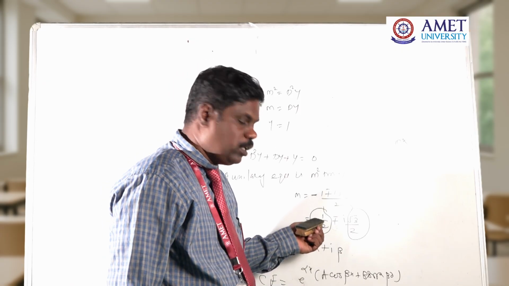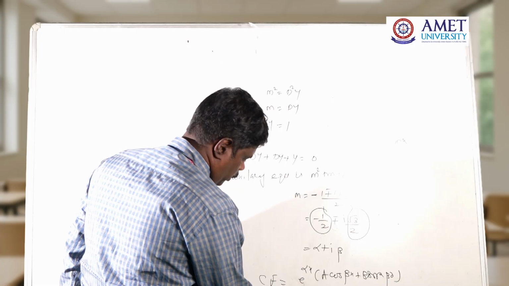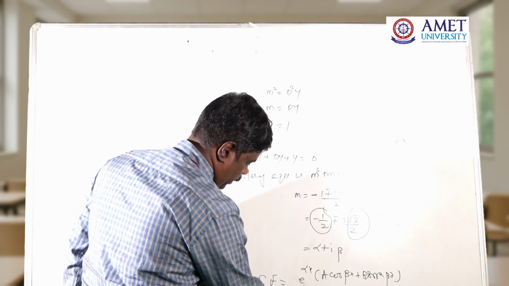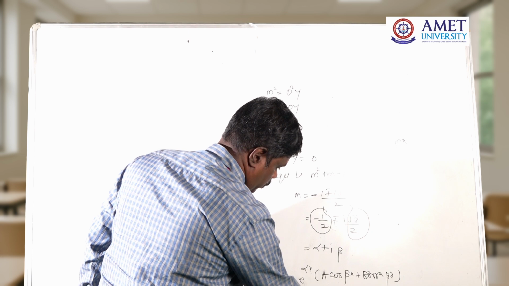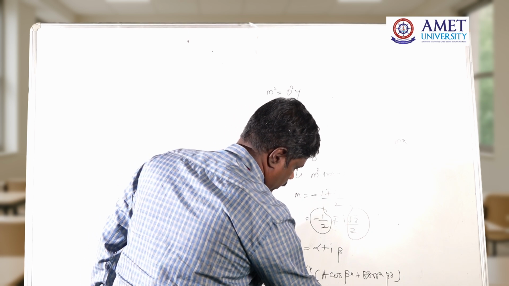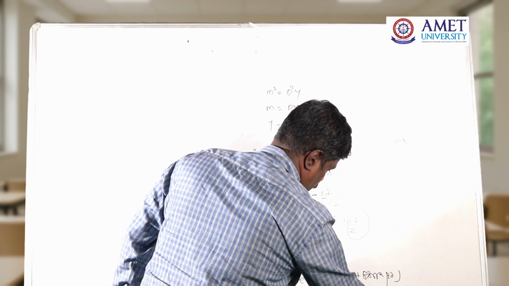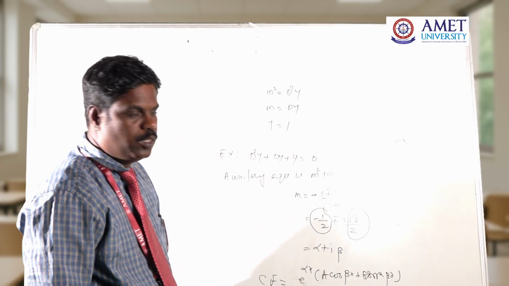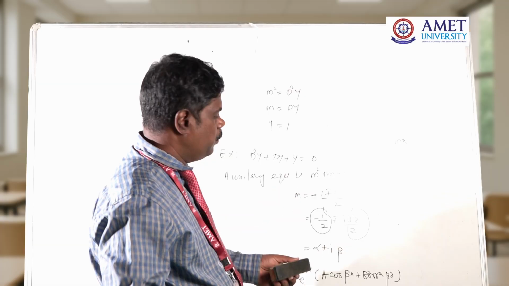Now alpha equal to what? Minus 1 by 2, beta is equal to root 3 by 2. So what will be the result? e power minus x by 2 into A cos root 3 by 2 x plus B sin root 3 divided by 2 x. So this is the complementary function.